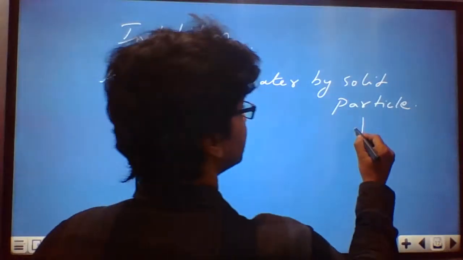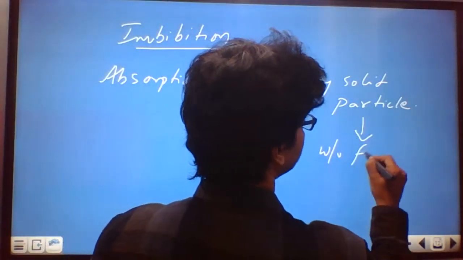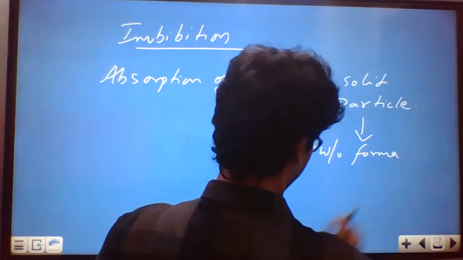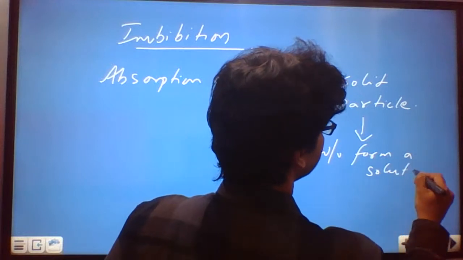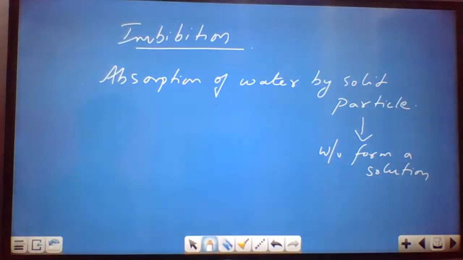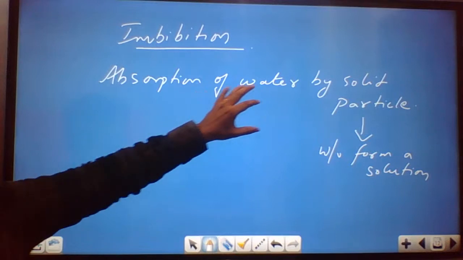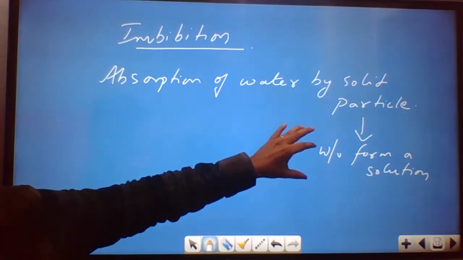That is very important. This is the definition of imbibition: absorption of water by solid particles without forming a solution.